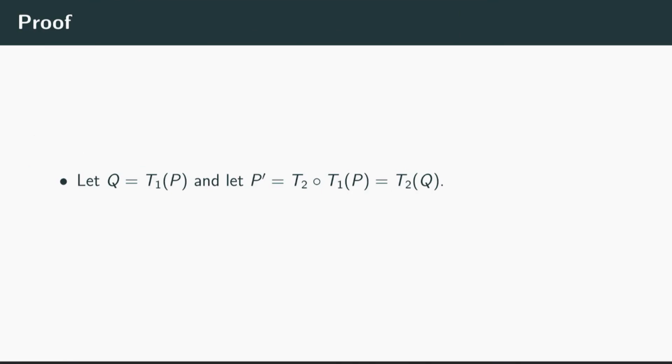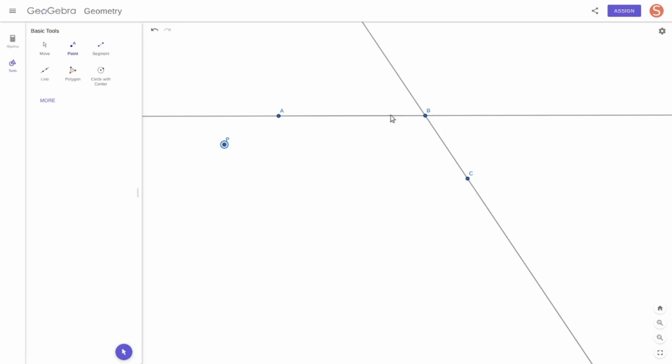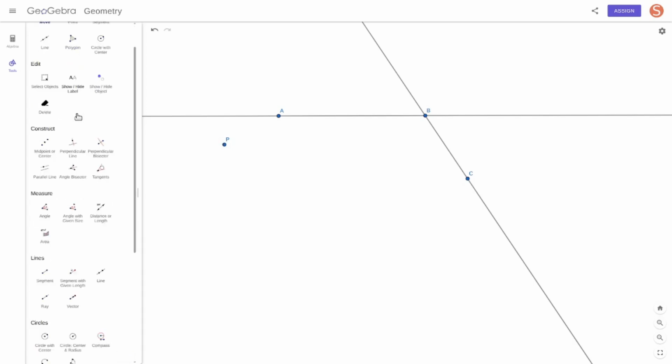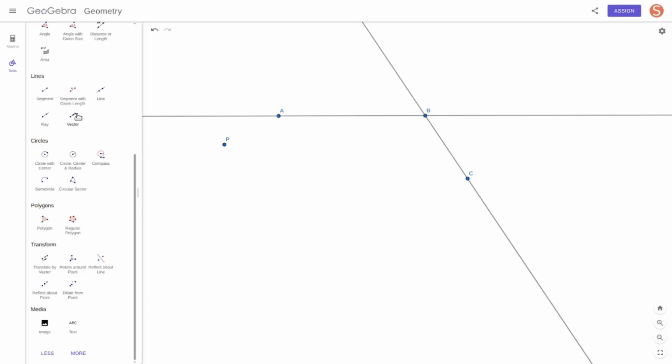Okay, let's take a look at this in GeoGebra so we can see what's going on more clearly. Here we have the points A, B, and C, and I've given myself a point P. And what I want to do is construct the point Q, which is the translation of P by the vector AB.